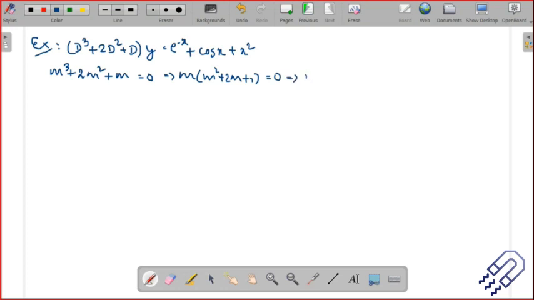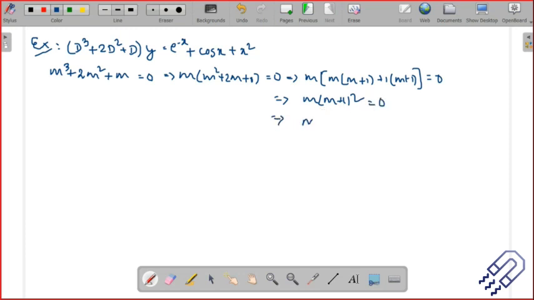So maybe it will be m into m plus 1 plus 1 into m plus 1, right, equal to 0. So this will be m into m plus 1 square, correct, is equal to 0.